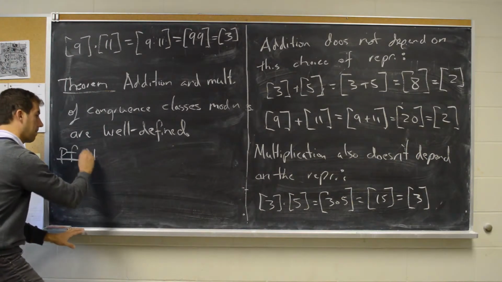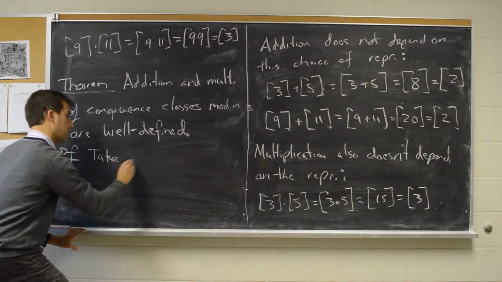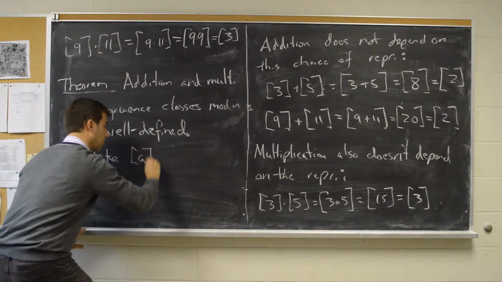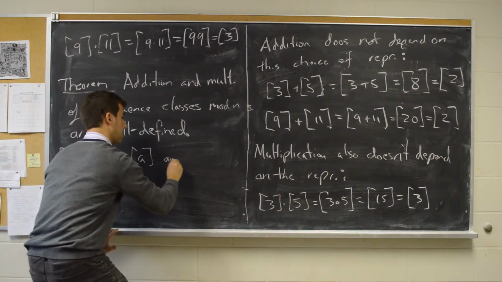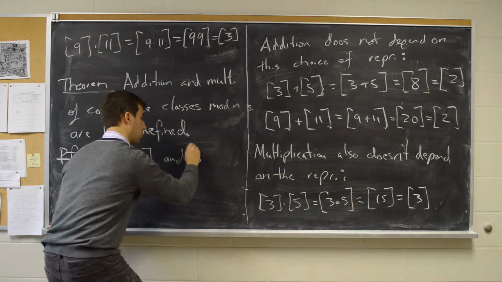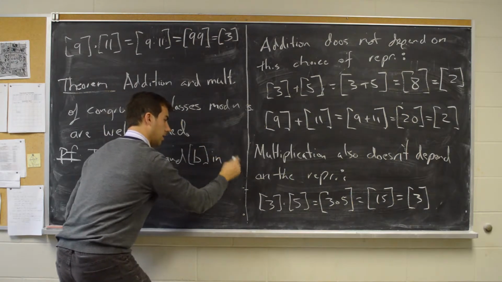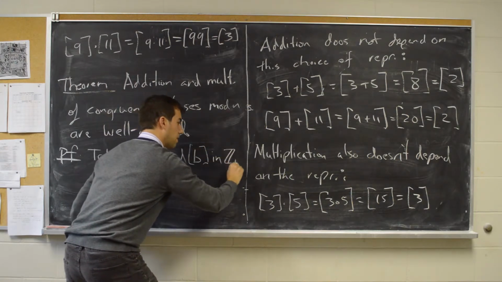So I'm going to take two things that I want to add together and multiply. And so these are going to be in Zn.